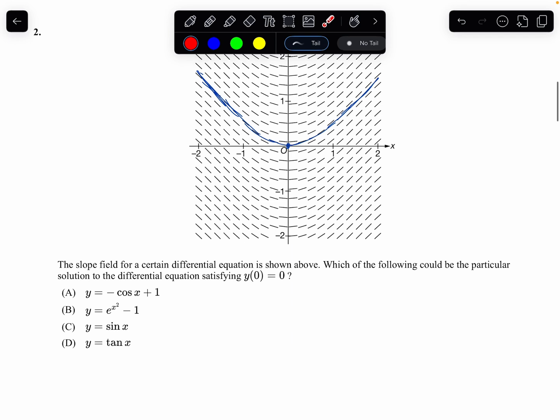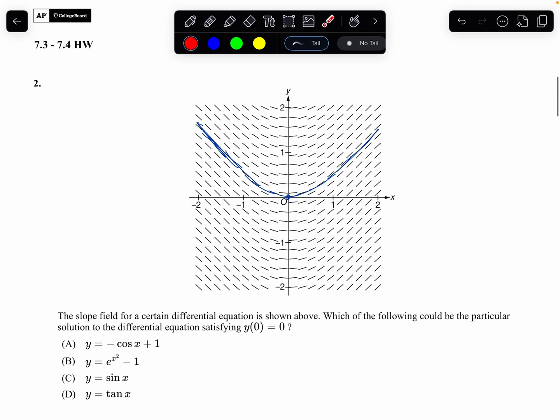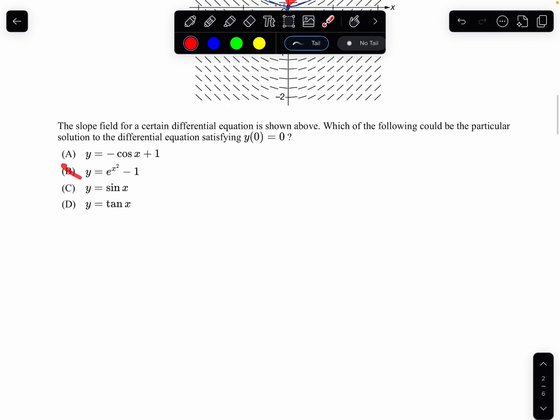So let's just plug in some points. So if I plug in 2, that's going to be e to the 4th. And e to the 4th is actually kind of a large number. Larger than you might think. Not like crazy big, but e to the 4th is 54 minus 1. So that means that at x equals 2, it should have a point that's like way up here. And if that's the case, I would think that these slope fields would be steeper right here. So I'm going to say that that's a no. That one doesn't look right.